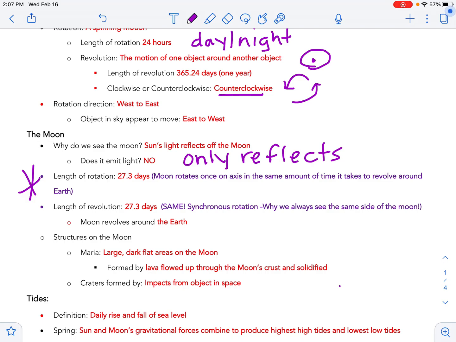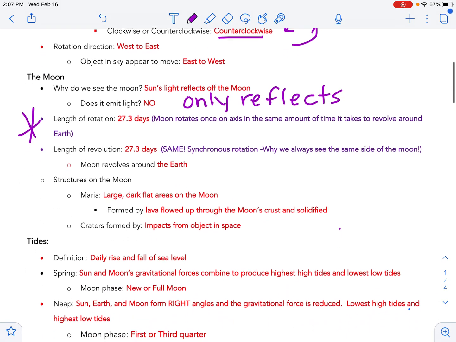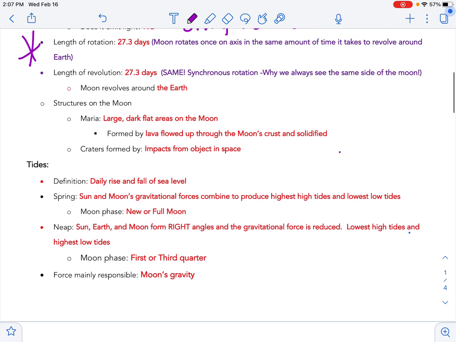And then the maria is the lava flowing up through the surface of the moon and filling in a lot of those craters.